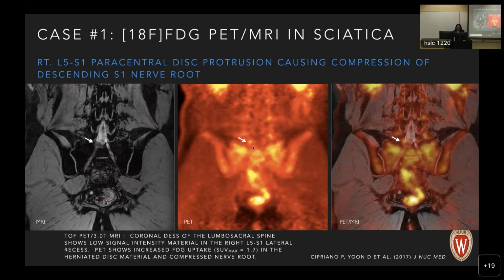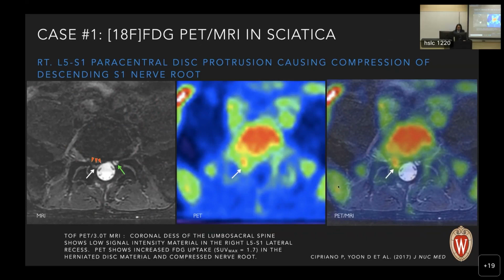This middle image is the FDG PET image, showing you there's a focus of focal uptake there. You do see some normal physiologic uptake in other parts of the body that we really should not be seeing in that particular location. And then the fused PET MR image shows that focus of increased uptake occurs right at that disc herniation, which is not surprising, but kind of neat to see for the first time.